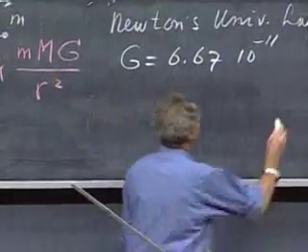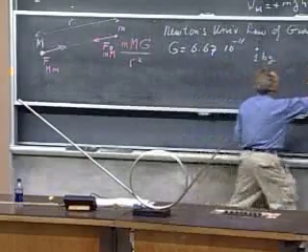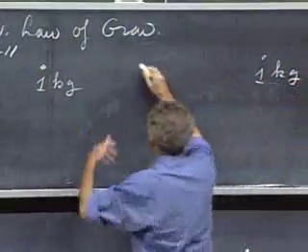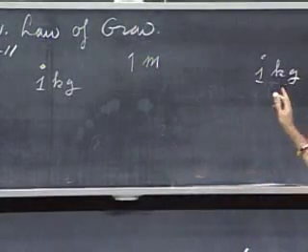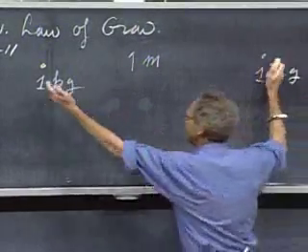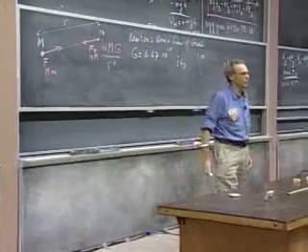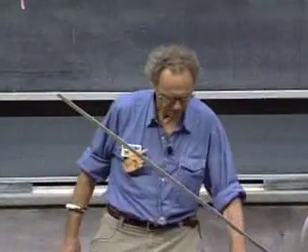It means that if I have two objects which are each 1 kilogram, about 1 meter apart, the force with which they attract each other is only 6.67 times 10 to the minus 11 newtons. That is an extremely small force.